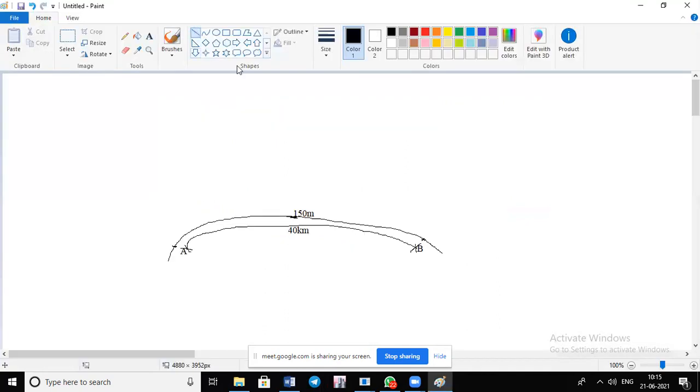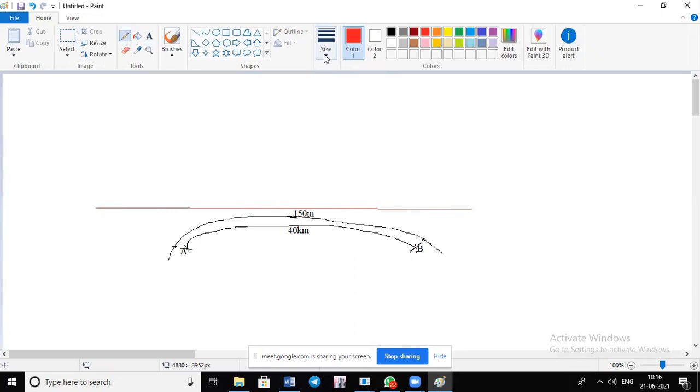So we will draw a line, which will be at the minimum clearance above the ground equal to 3 meter.